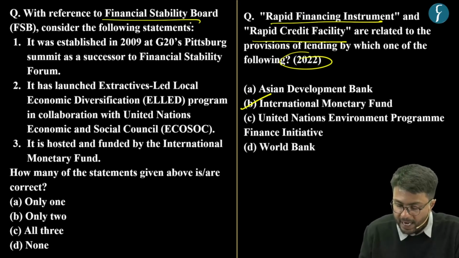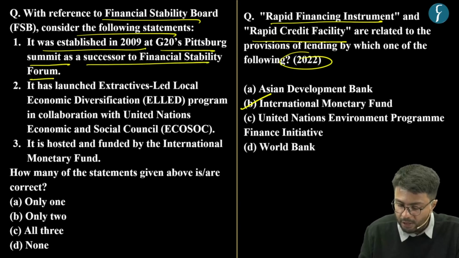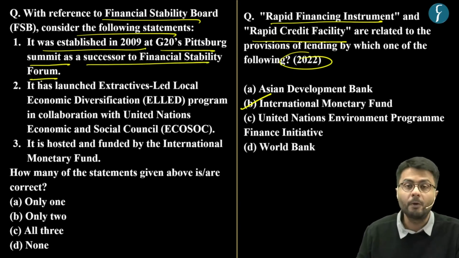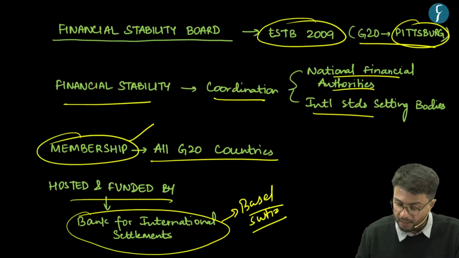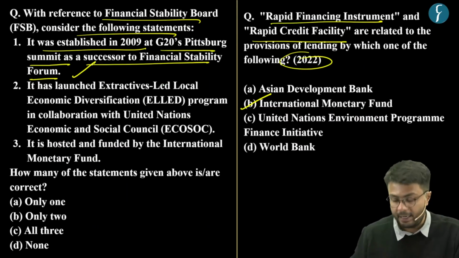With reference to Financial Stability Board, consider the following statements. The first statement: it was established in the year 2009 at the G20's Pittsburgh Summit as a successor to the Financial Stability Forum, which we know from this discussion is a correct statement. Hence, statement 1 is correct.